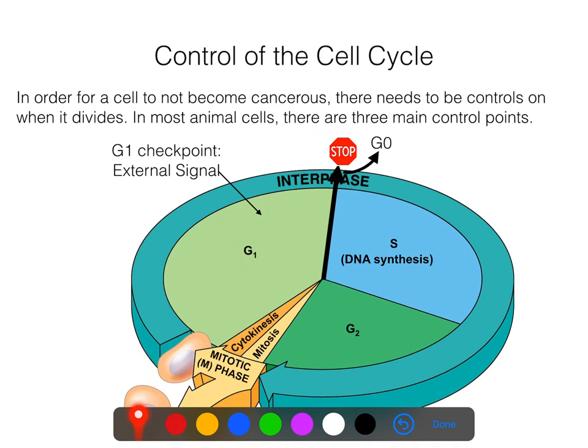However, usually it's the rest of your body's coordination that is telling cells whether they should divide or not. So the G1 checkpoint usually involves an external signal. Say you have a cell, there's the nucleus.